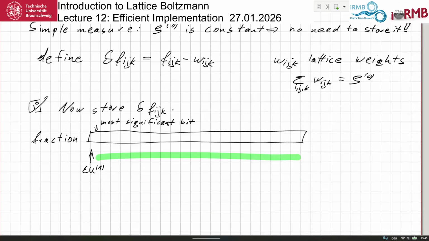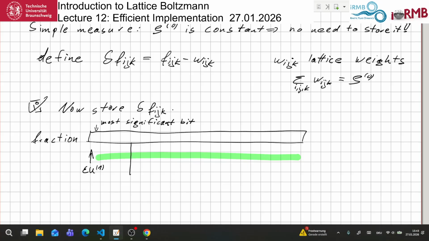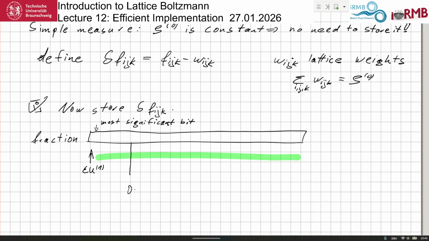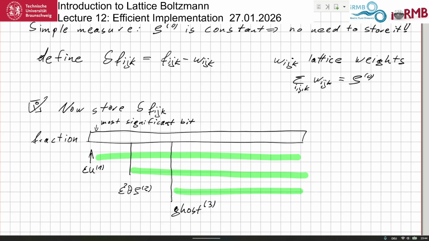And say we have here this epsilon squared theta rho second order. This will come using this space, and the ghosts of third order will also have a lot of space.